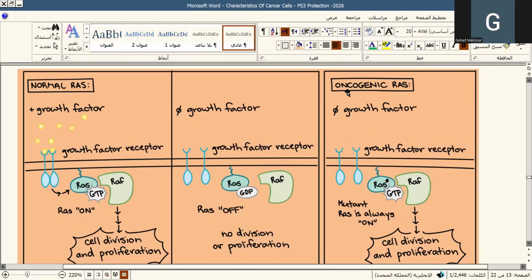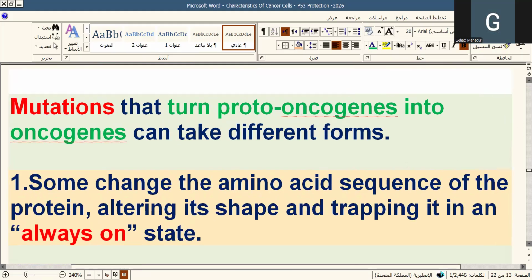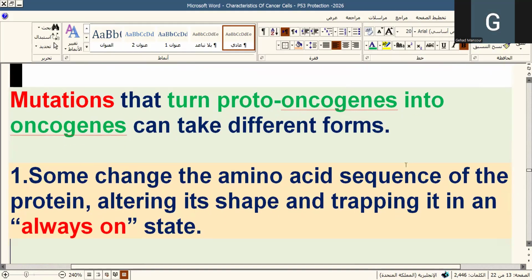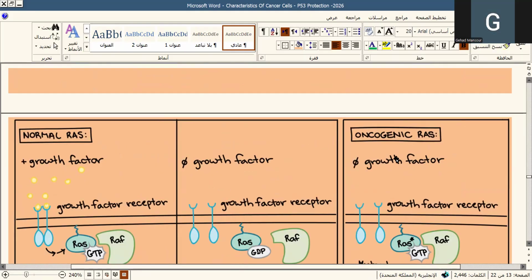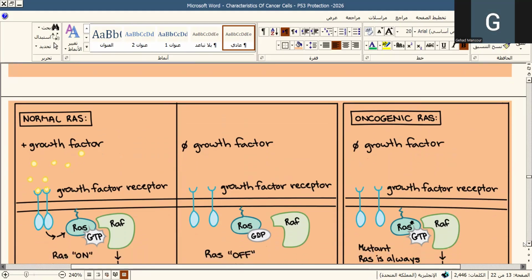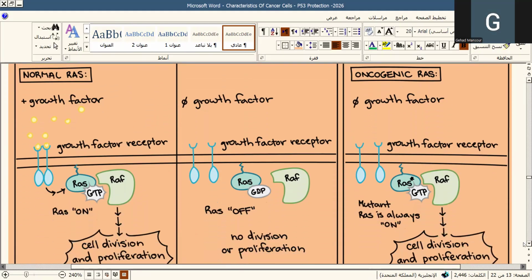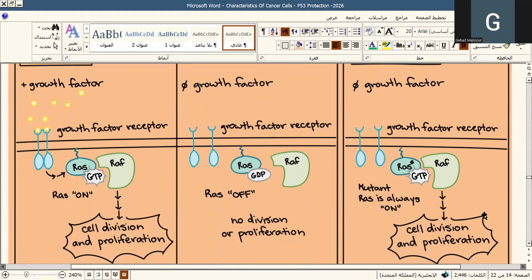But if we have a mutant RAS, or if we have an oncogenic RAS, you can find that even when there is no growth factor in the surrounding fluid around the cell, where there are no growth factor molecules, the RAS stays bonded to GTP.